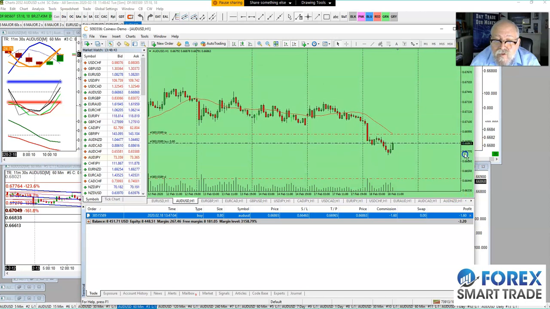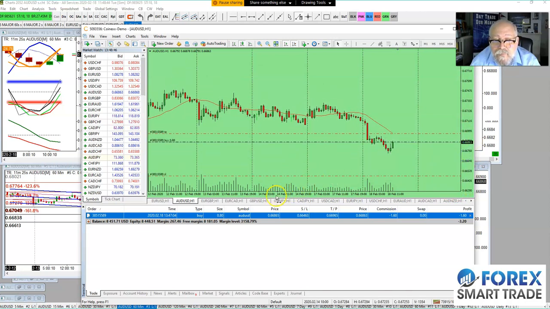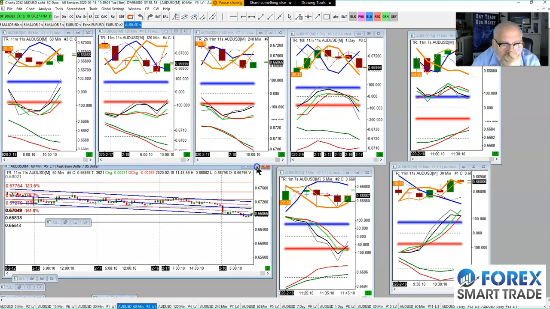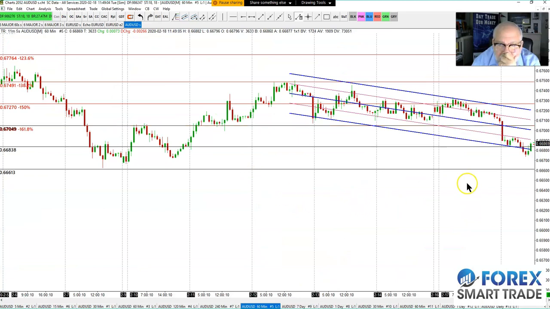I'm going to scrunch this up so I can see that everything is showing. And now let me just go back and look at the green chart. Since we're in this channel, I usually put my stop loss outside the support lines.